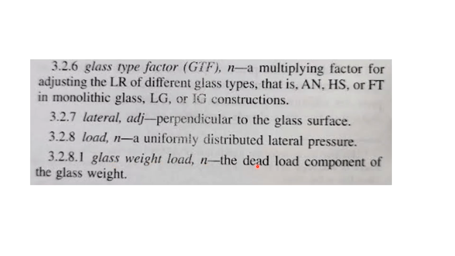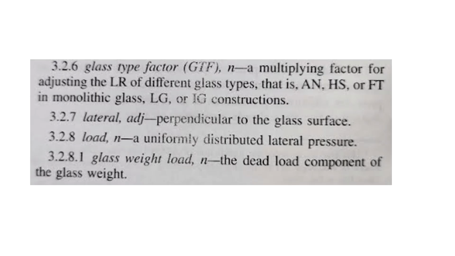Glass weight load, the dead load component of glass weight. When they're talking dead load, there are two types of loads that you have in a building: live load and dead load. Dead load just means the weight of the material in a building. Live loads can be people moving around in the building.